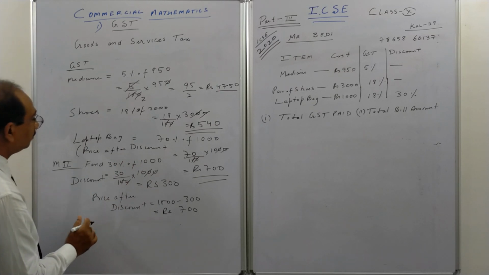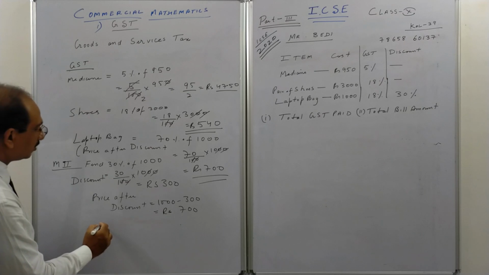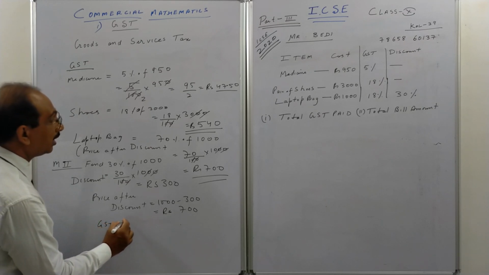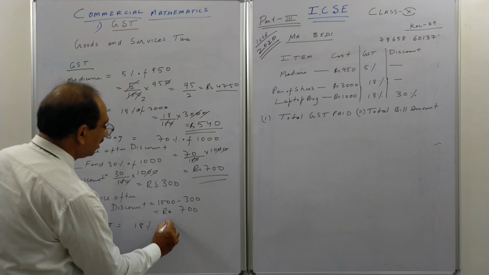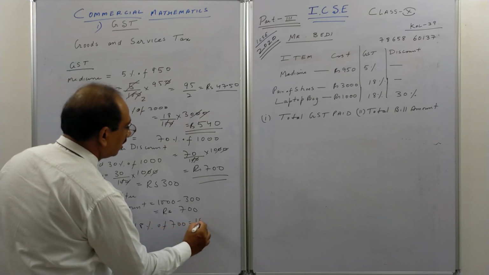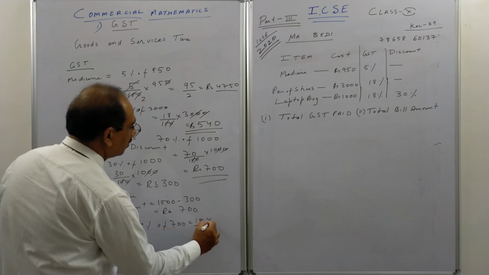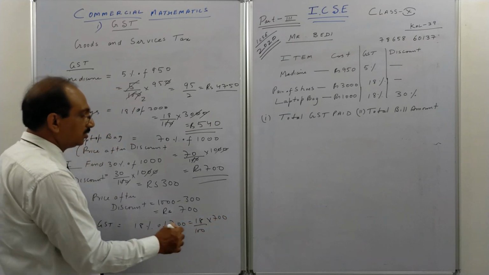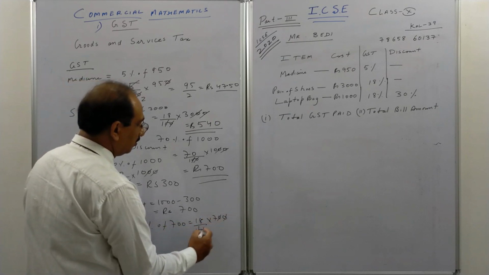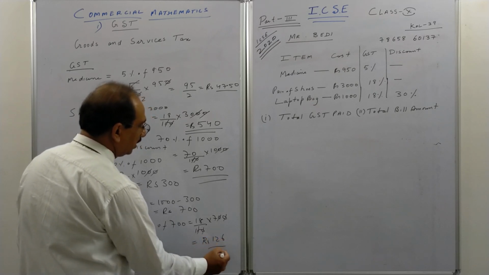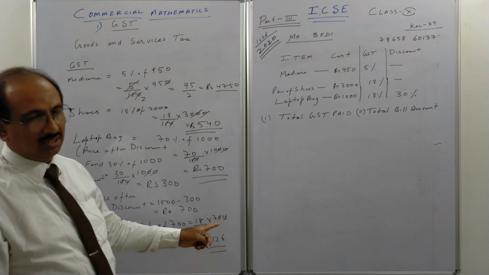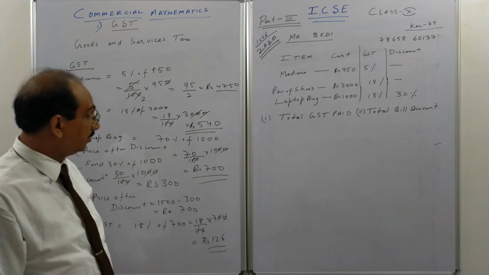GST on shoes we got. So GST on the laptop bag is 18% of 700, 18 by 100 into 700. The 100 goes down with two zeros, 18 times 7, I think, children, is rupees 126.